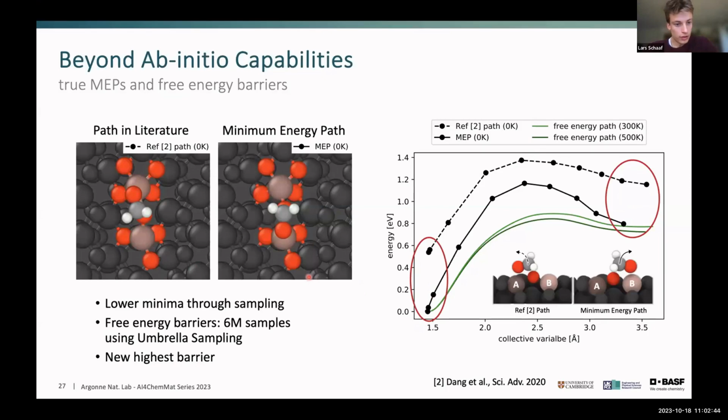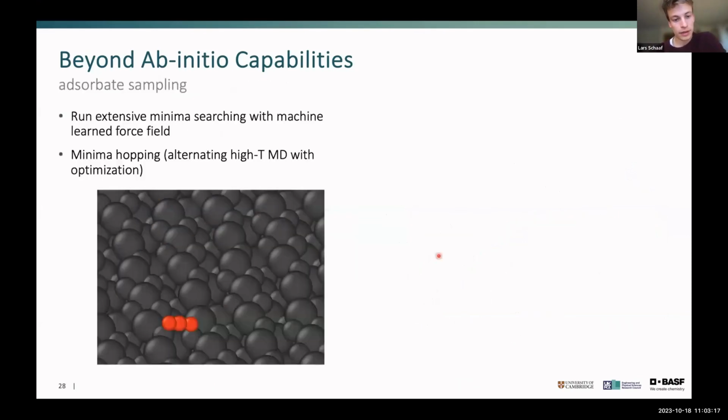And if we do some, so these are the two paths. Here's the first one, here's the second one. And if we do some finite temperature sampling, so if we do some umbrella sampling, we immediately see that the reaction progression is actually along this path here, the true minimum energy path, and it spends virtually no time in this barrier that is just between two local minima in the potential energy surface that have no relevance to the actual reaction progression.